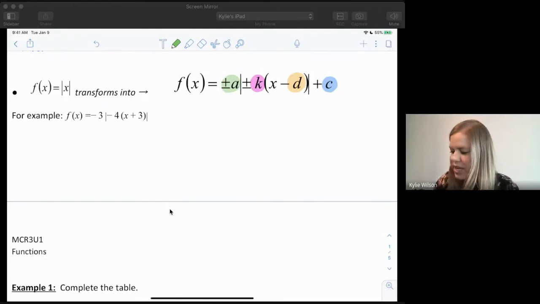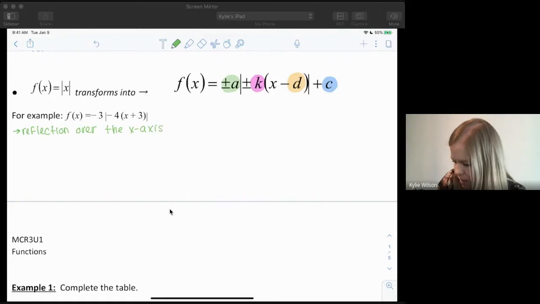So because I have an A value of -3, I first need to address the negative. So the negative will have a reflection over the x-axis. Then we also have a 3.